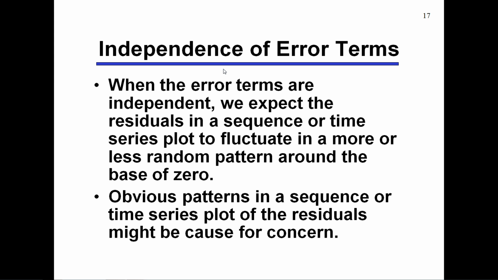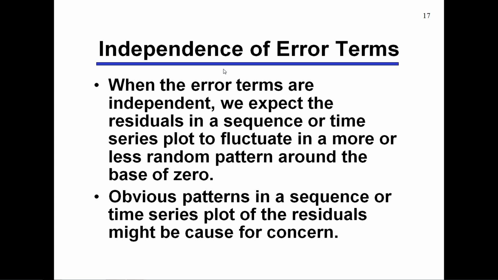And now we want to talk about how we assess this assumption of independence. Well, one way that you might do this is to look at a time series plot. Take a look at how the residuals shake out over time and see if there's a pattern in that plot.